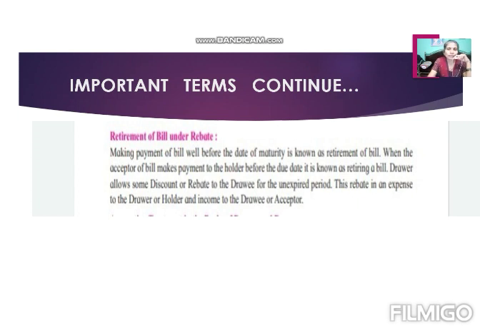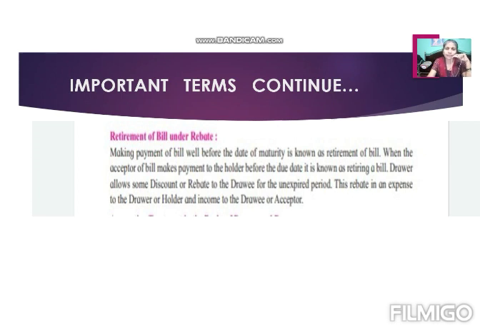Naturally, when the drawee makes an early payment of the bill, the drawer gives some concession to the drawee, and that concession is known as rebate. The drawer calls that amount rebate, and the drawee calls the same amount discount for the unexpired period. This rebate is an expense for the drawer and income for the drawee.